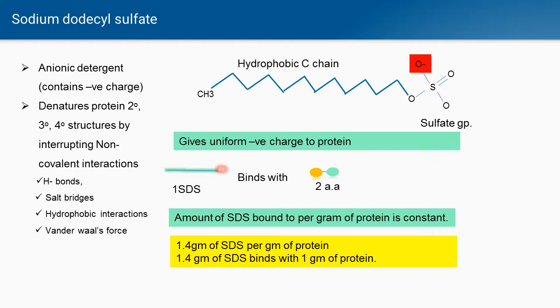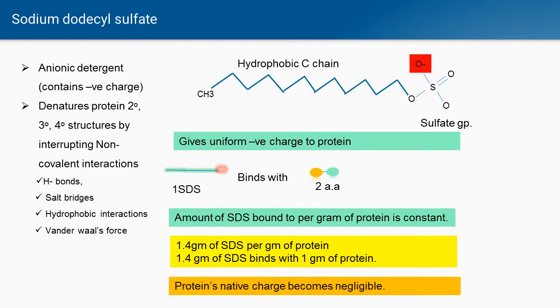Since the binding of SDS per gram of protein is constant, it imparts a uniform negative charge to the protein. So the protein's native charge becomes negligible, and it acquires a uniform negative charge because of the bound SDS.